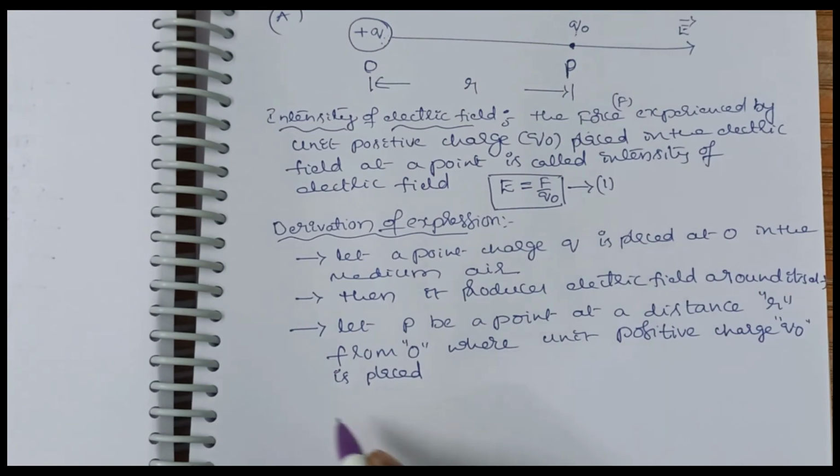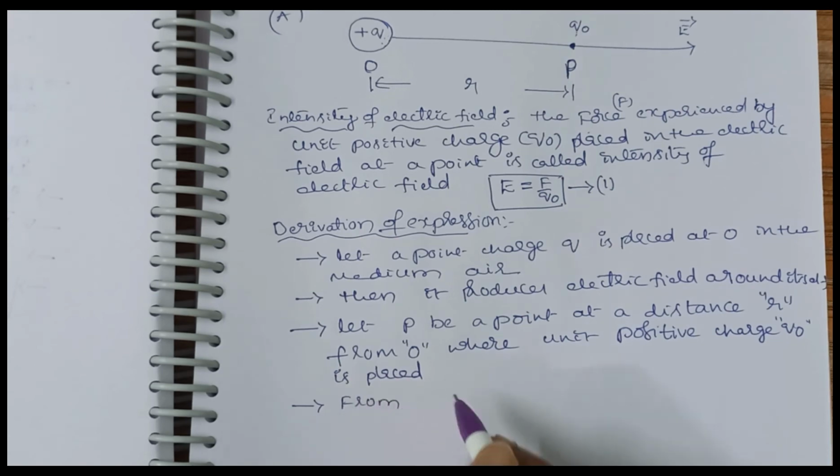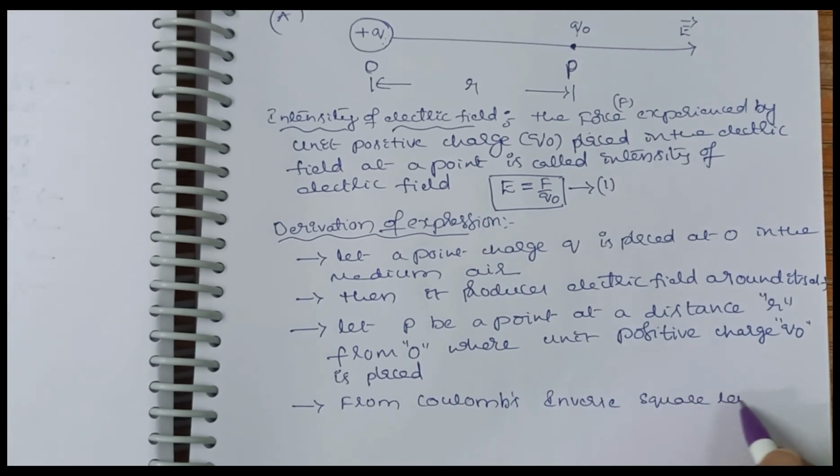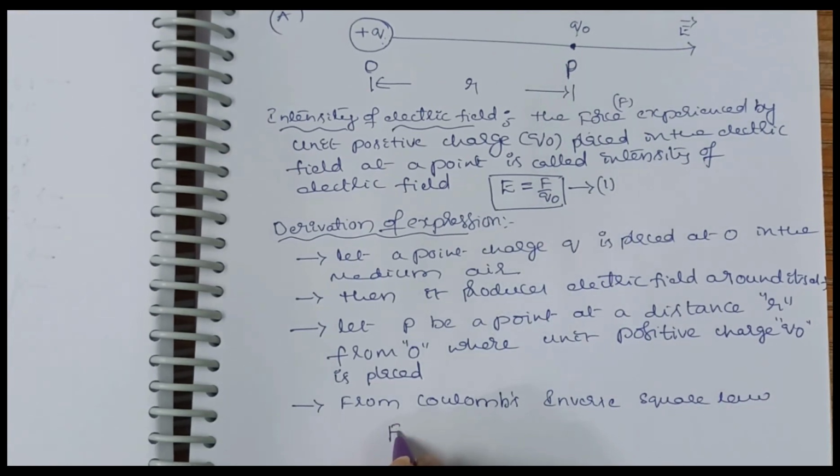From Coulomb's inverse square law. So we know that the force of attraction or repulsion between the two charges is given by F is equals to 1 by 4 pi epsilon naught Q1 Q2 by R square.